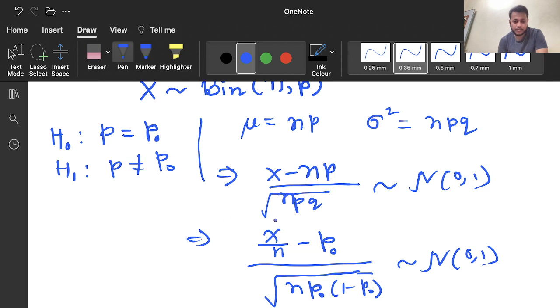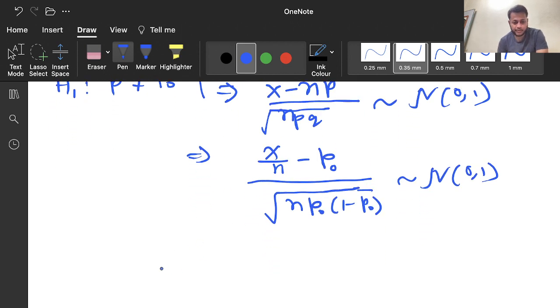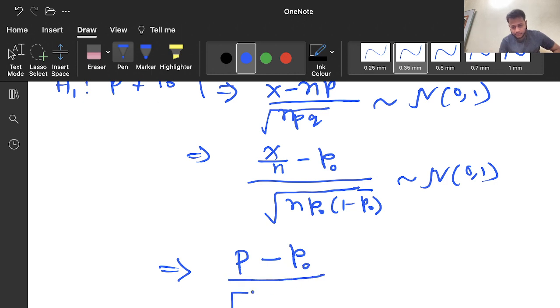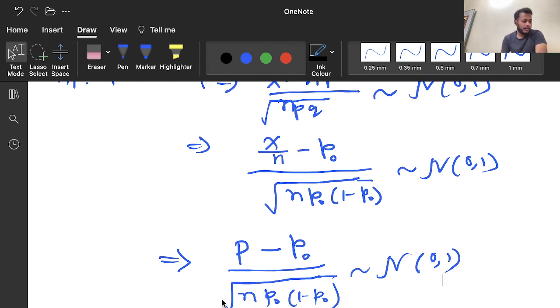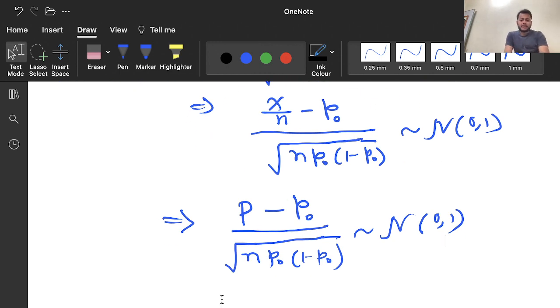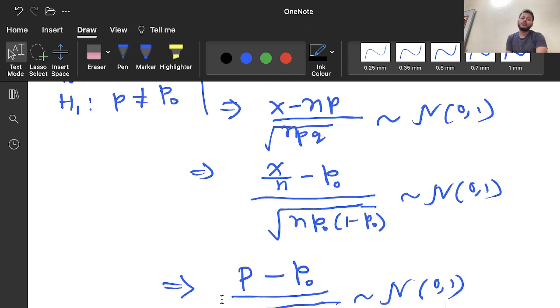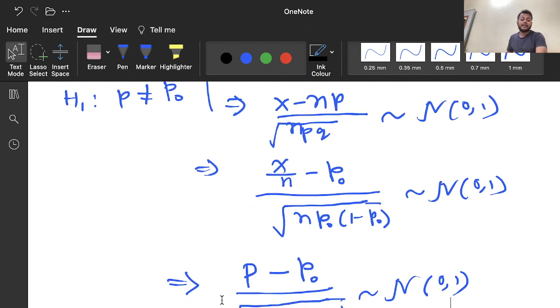So suppose this is P, the proportion, how much of it is x. Then proportion minus P0 divided by root over P0 (1 minus P0) by n follows the normal 0 1 distribution. Now you see that it is a two-sided test. So when will we reject?